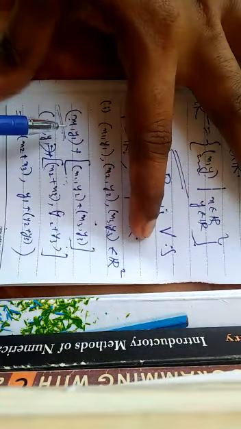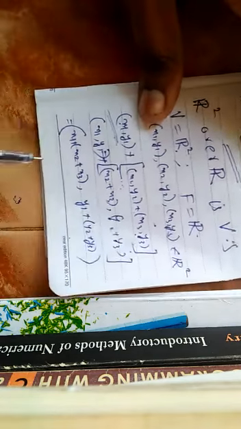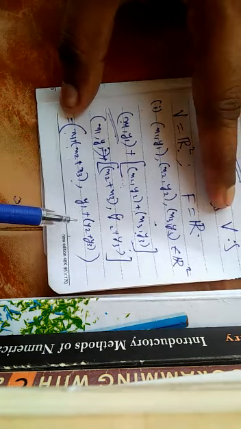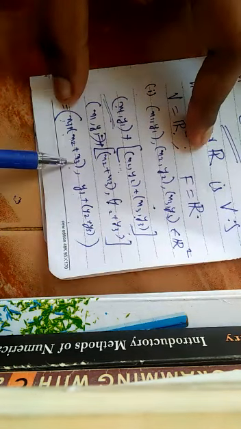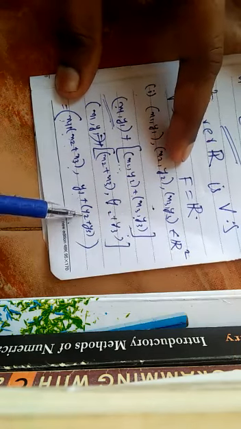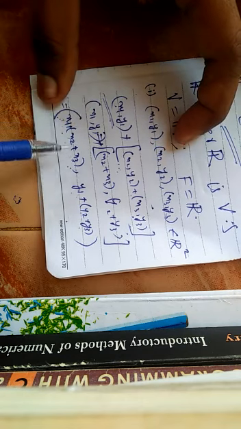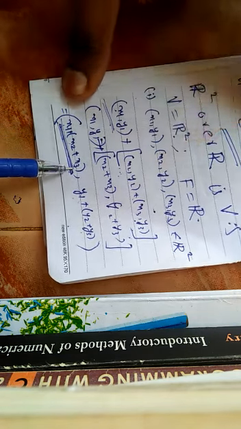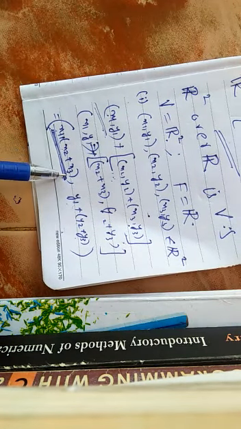So here we add the last two elements and then the first element, and we get (x1 plus x2 plus x3, y1 plus y2 plus y3). We know x1, x2, x3 are in R and y1, y2, y3 are in R. So x1 plus x2 plus x3 is an addition in R, and we know that addition in R is associative.